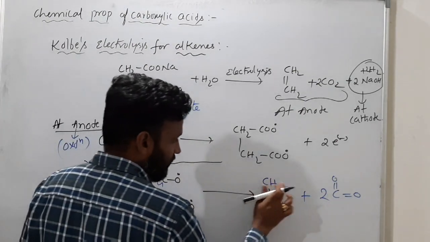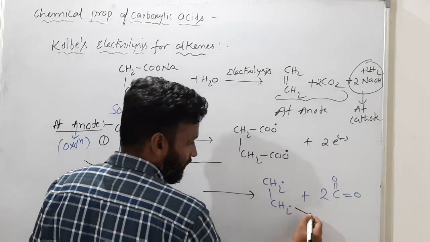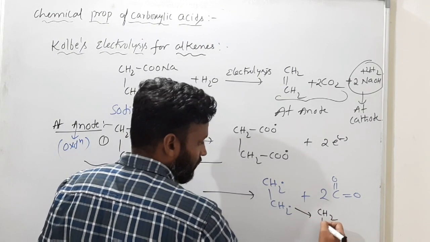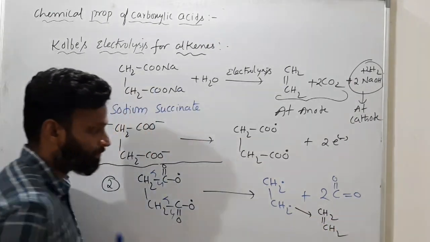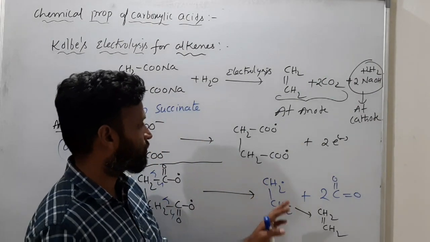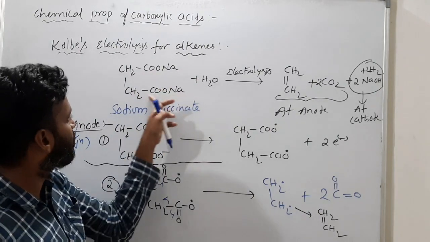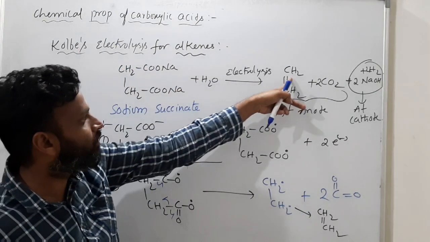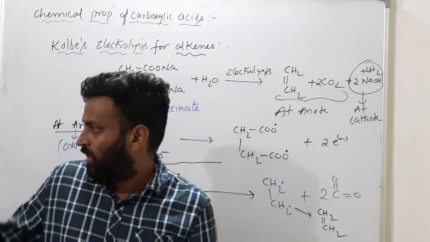So you have CH2 dot and CH2 dot, which further you can write as CH2=CH2. Got it, everyone? What happened here? This removed, this removed, so between these two, one more pi bond forms.